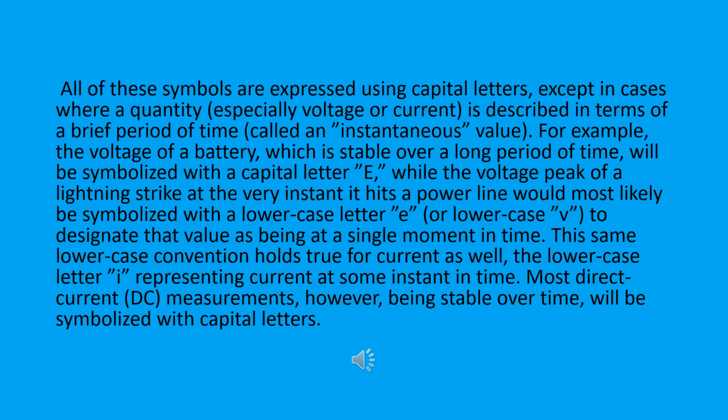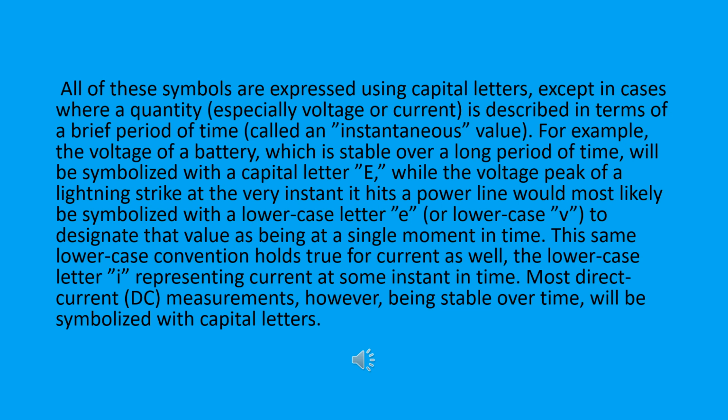All of these symbols are expressed using capital letters, except in cases where a quantity, especially voltage or current, is described in terms of a brief period of time, called an instantaneous value. For example, the voltage of a battery, which is stable over a long period of time, will be symbolized with a capital letter E, while the voltage peak of a lightning strike at the very instant it hits a power line would most likely be symbolized with a lowercase letter e, or lowercase v, to designate that value as being at a single moment in time.